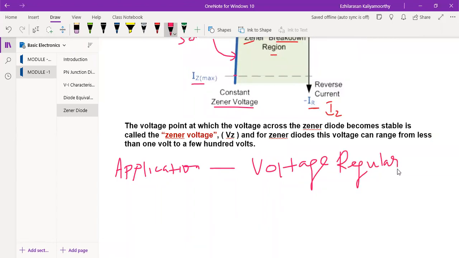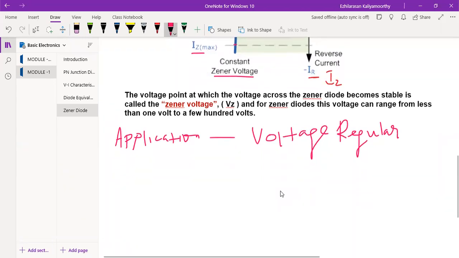Very simple, I can say. If the Zener diode is able to produce a constant amount of voltage however you increase the input voltage, that is the application of the Zener diode. So we can say the voltage regulator will produce a constant voltage. That is a simple application you can say.